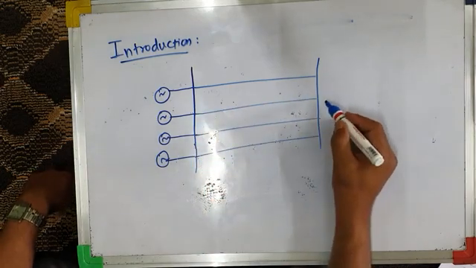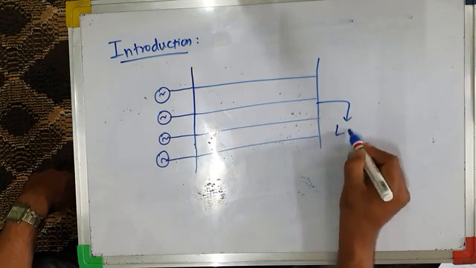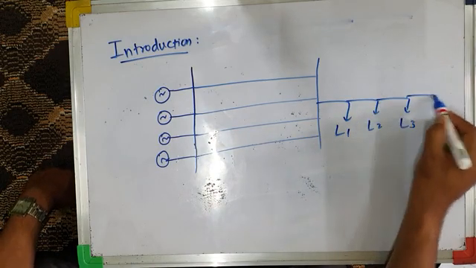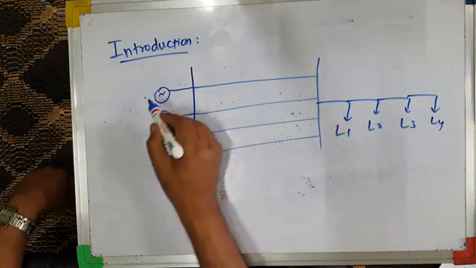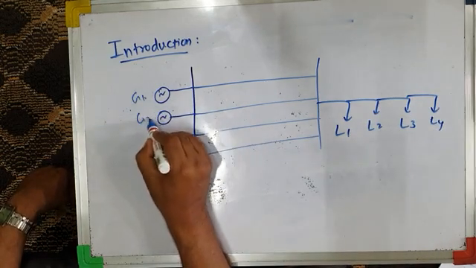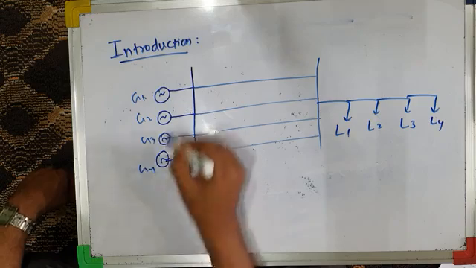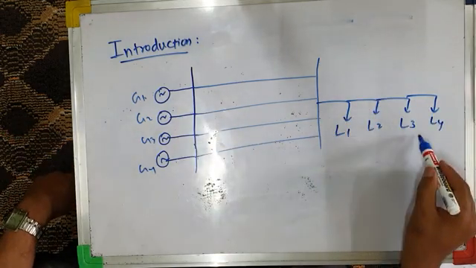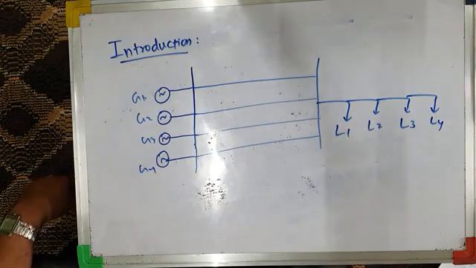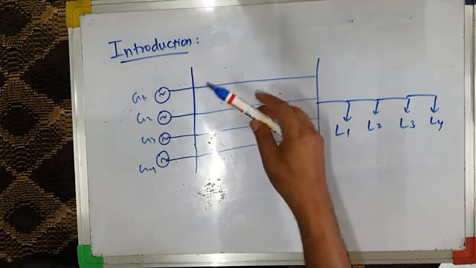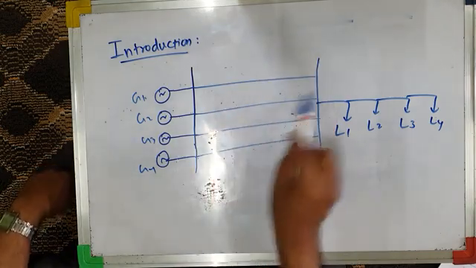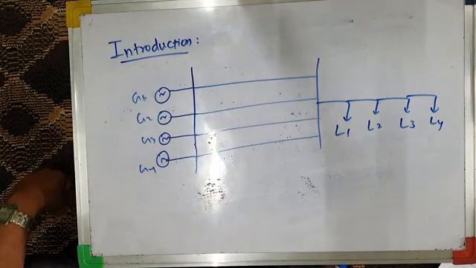We may have different types of loads: load number 1, load number 2, load number 3, and load number 4. You can see various generating stations, G1, G2, G3 and G4. They are interconnected with each other, and the various loads L1, L2, L3 and L4 are also pooled together. And then we have these high voltage parallel transmission lines which are interconnected with each other.